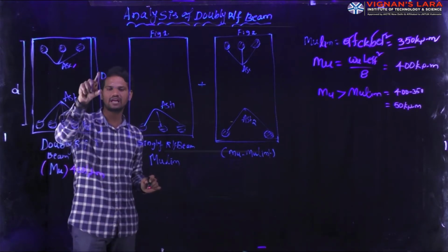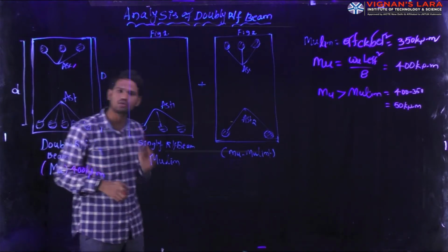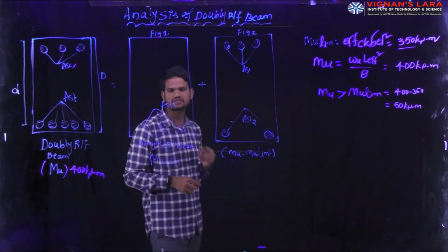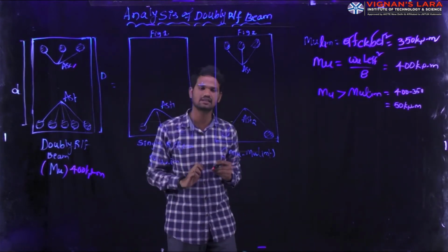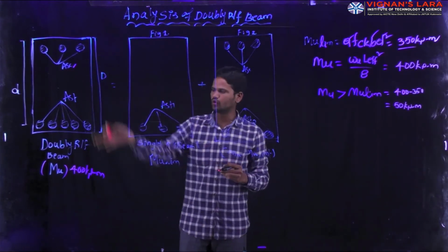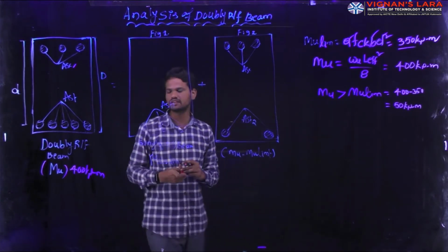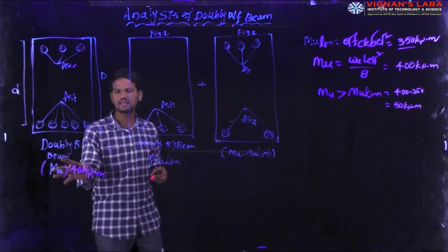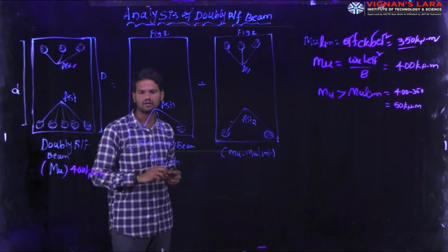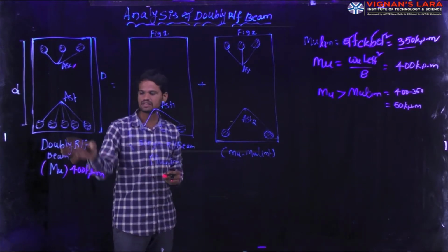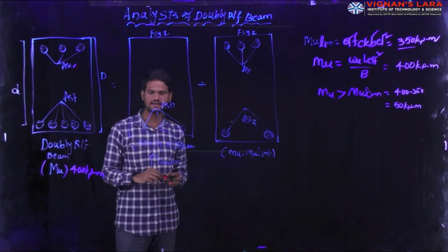If you provide some total depth of the beam and use some grade of steel in the compression as well as in the tension, we have to design that beam to carry 400 kilonewton meter. Okay, that is the sectional design.